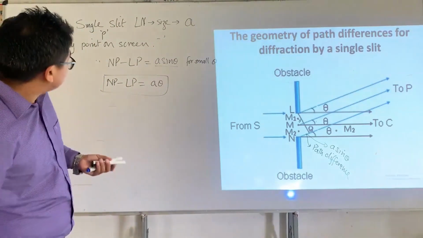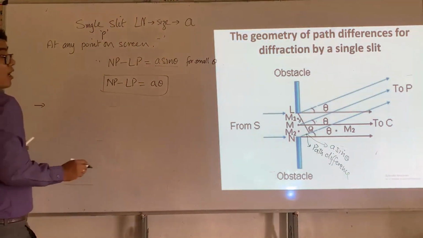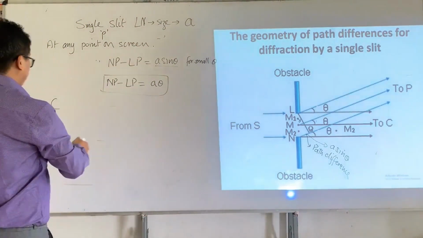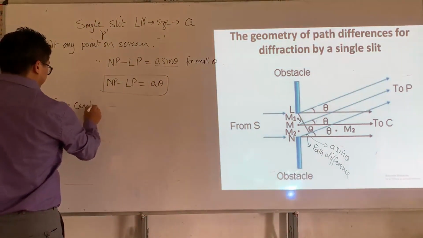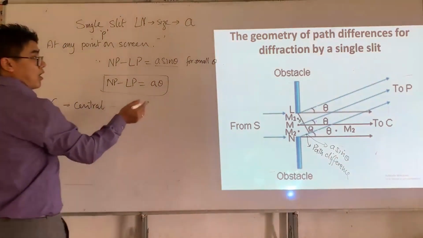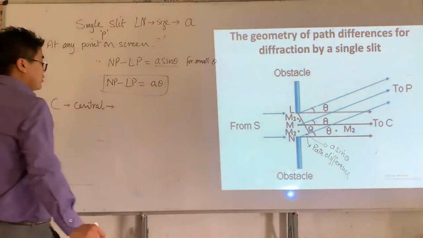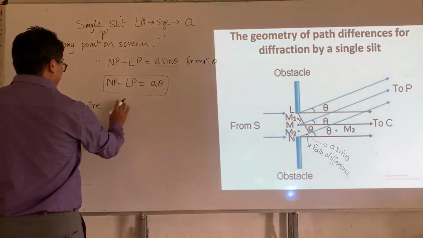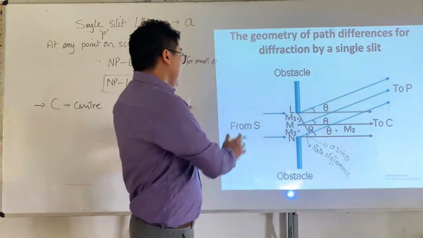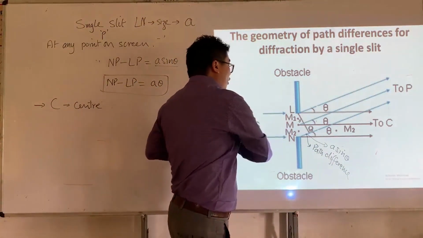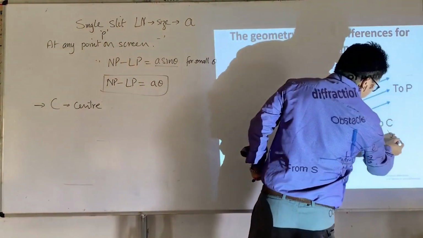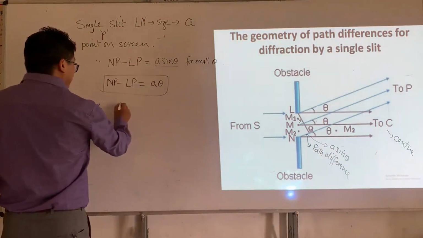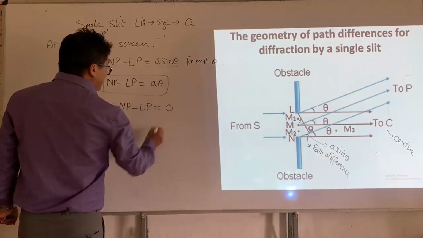Now look here. Central point C is the center of the central light on our screen. Since C is the center, a plane wavefront incident on the slit gives a path difference of 0.